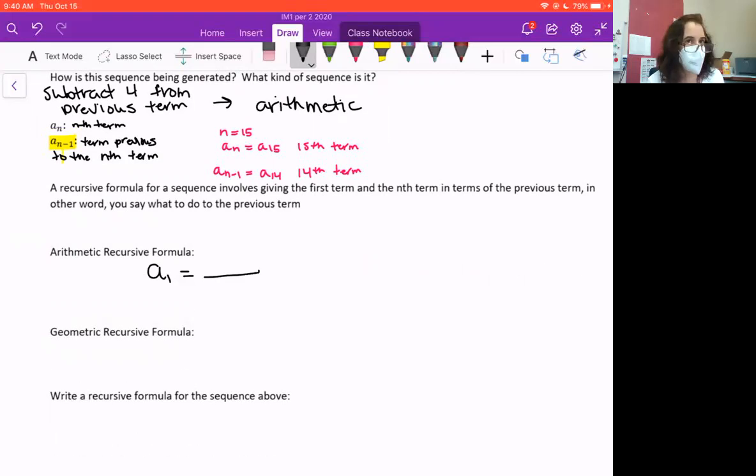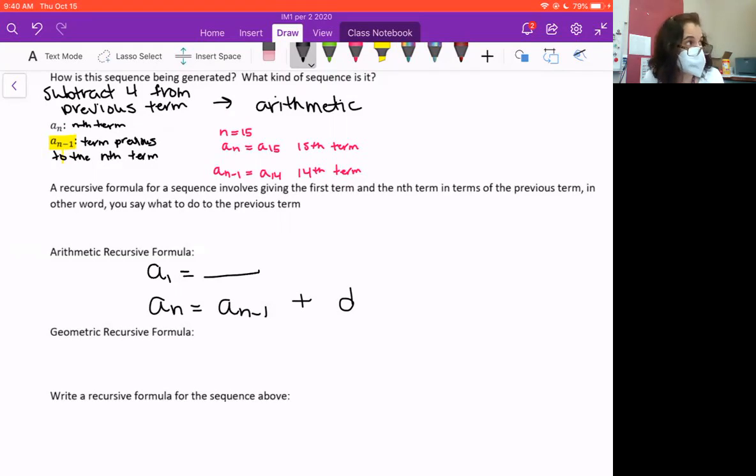So you write down a sub 1 is whatever. And then you say, how do we generate this sequence? I find the nth term by taking the previous term and adding my common difference. If it's arithmetic, that's how we generate it.